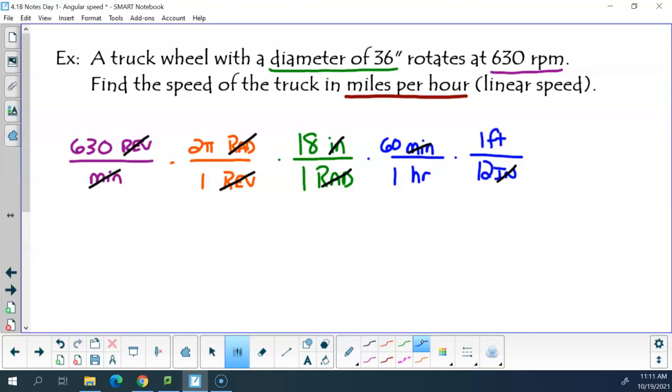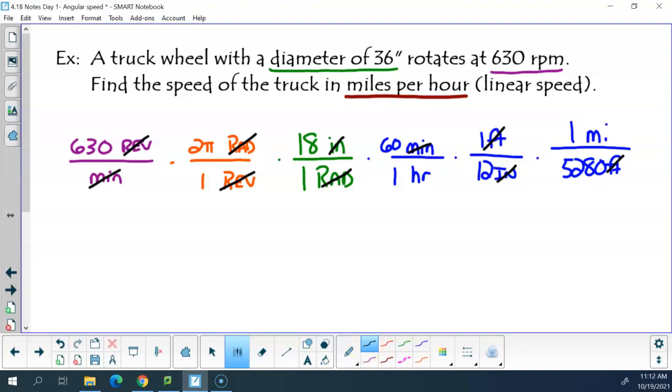5,280. Side note, if you don't know that there are 5,280 feet in a mile, it's one of those that you should just flat out memorize. Okay? 5,280 feet in 1 mile. The only labels that I have left should be miles per hour.